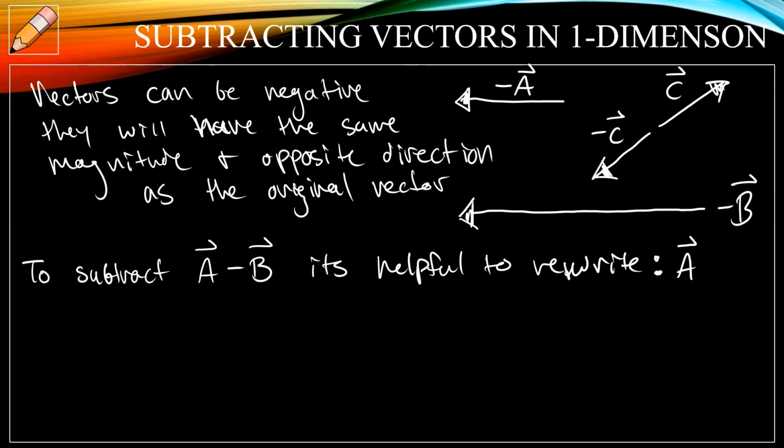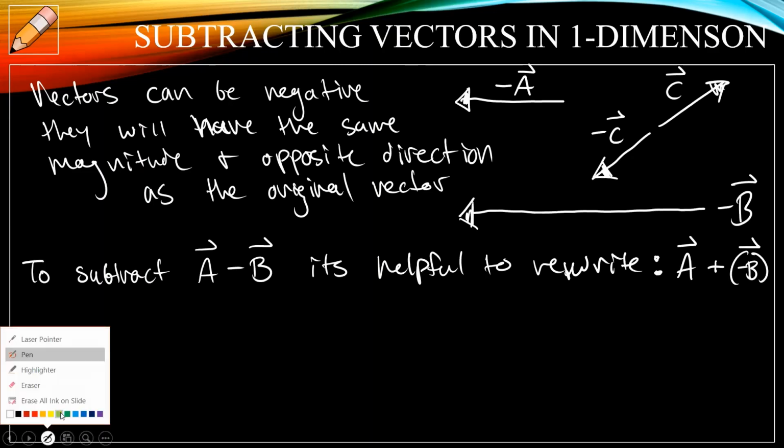So in other words, instead of saying A minus B, you can say A plus the vector negative B.